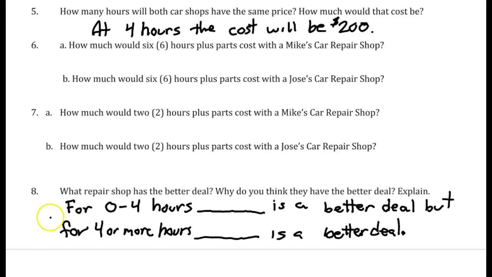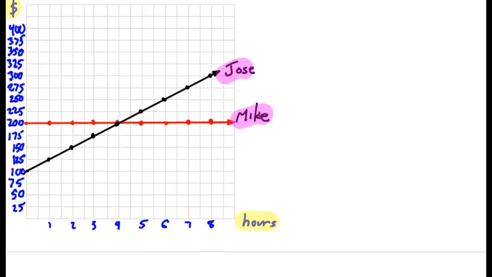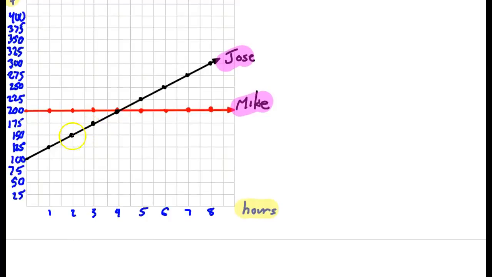So many of you have come up and I'm asking you which one's better. You say, oh, it's this one. And I've always sent you back and said, no, you're missing the point. There's not a single mechanic that's always better. So you're looking at which one is cheaper, right? So for a little bit, Jose is cheaper, and then at some points, Mike's becomes cheaper. So you have to say that in words.